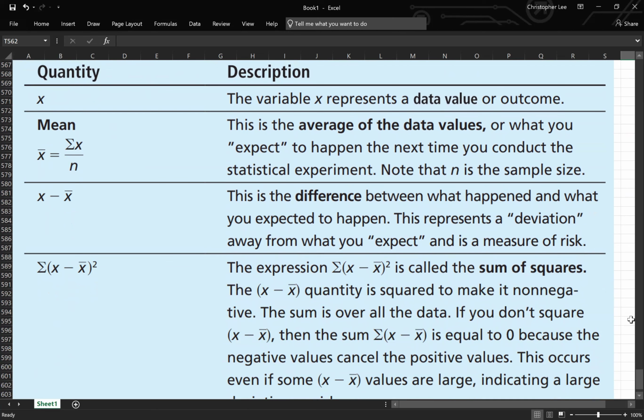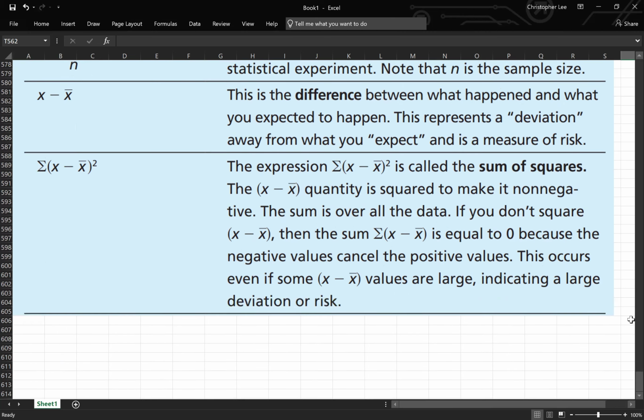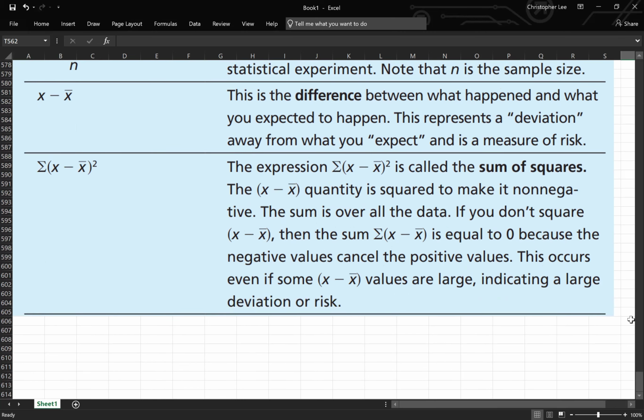If you don't square x minus x bar, then the sum of x minus x bar is equal to zero because the negative values cancel the positive values. This occurs even if some x minus x bar values are large, indicating a large deviation or risk in the data.